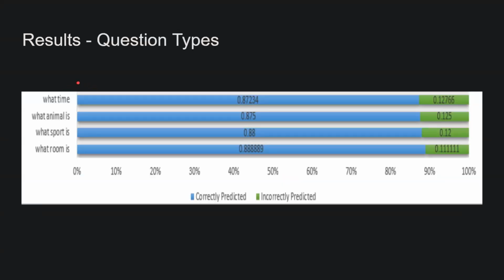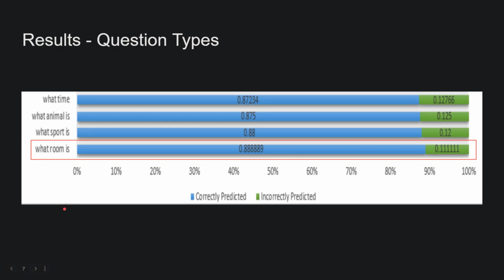Okay. We also analyzed the performance on each of the question types labeled by the BQA dataset to understand what the model's weaknesses and strengths are. Each question type has been listed on the left with its corresponding phrase. For example, the one highlighted in red is a "what room is" type of question, which will include a question like, what room is this?